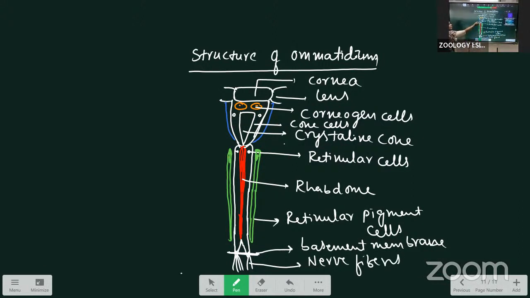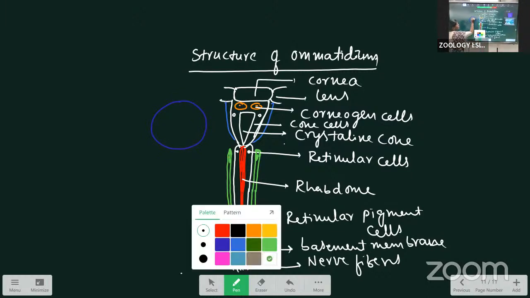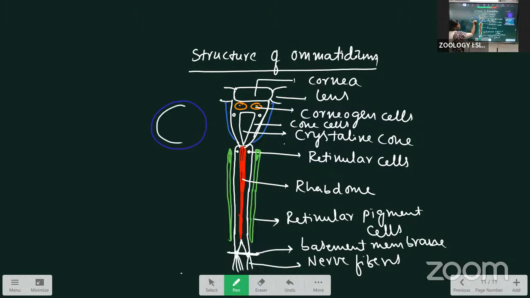Next, the TS, the transverse section, I am drawing this one. This is the upper part of the TS. This one is the cone cells. The center is the crystalline cone.